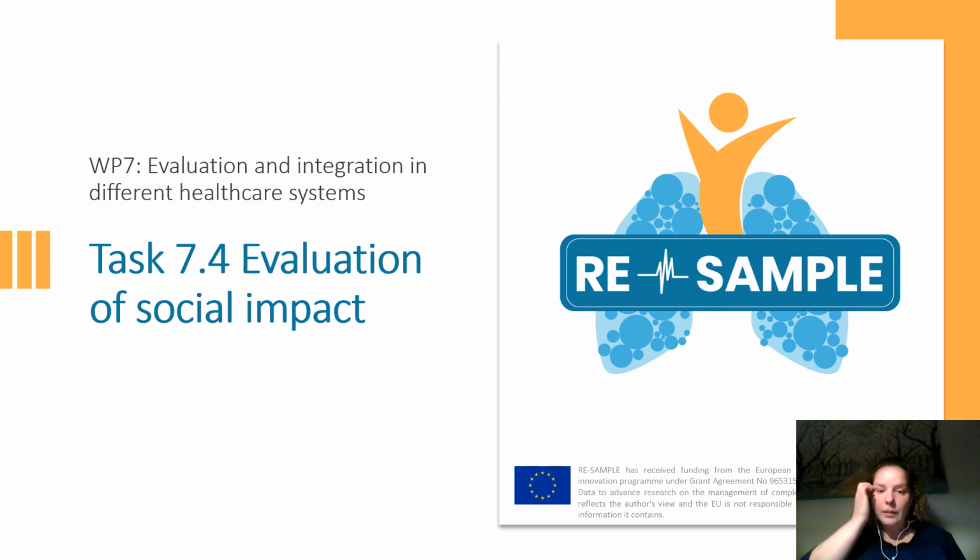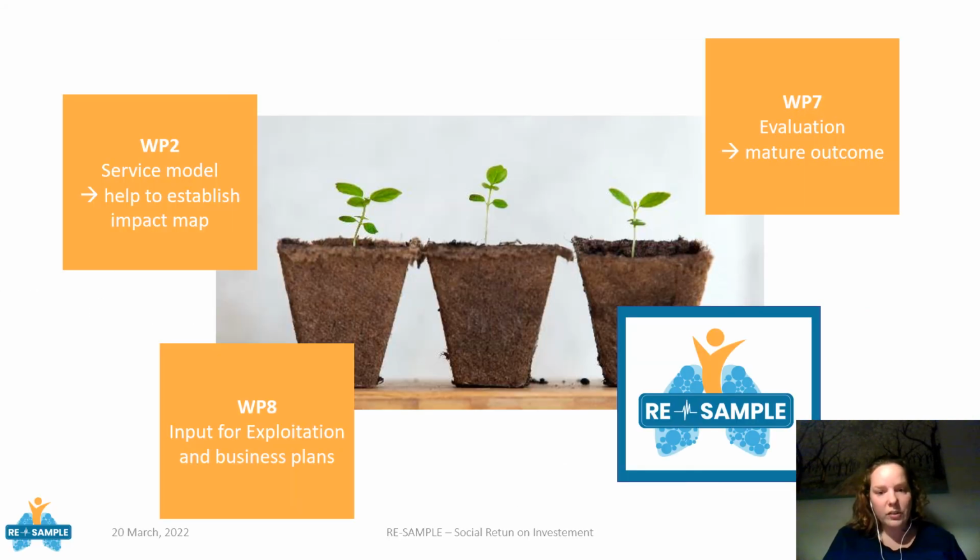The evaluation of societal impact is part of task 7.4 within the Resample project. And within this task, we also need the input of other work packages. The main input, especially for establishing this impact map, is the work done in work package 2 on the service model. So based on the service model, we can figure out what input and output we have to list for every stakeholder.